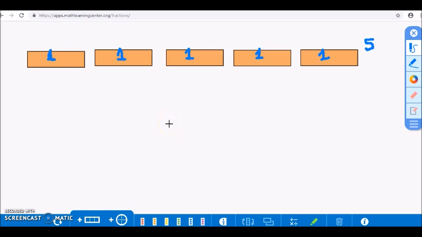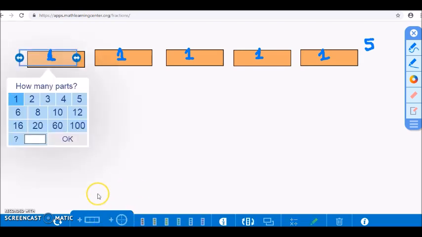Next, we need to find out how many groups of 1/3 fit into each of our 5 whole units. We are going to divide each whole equally into 3 parts since we want to know how many groups of 1/3 are in 5.